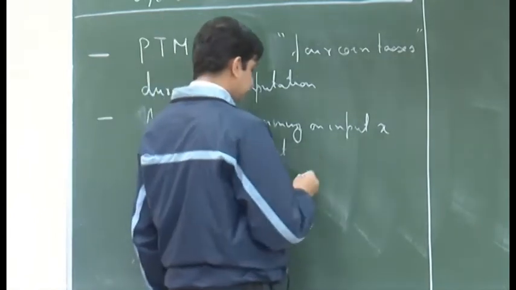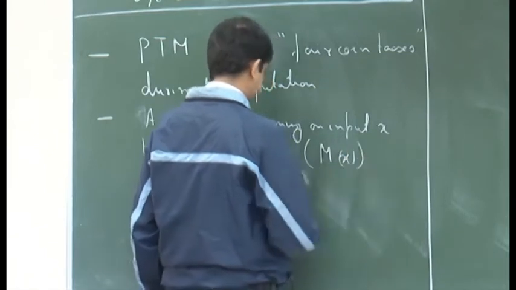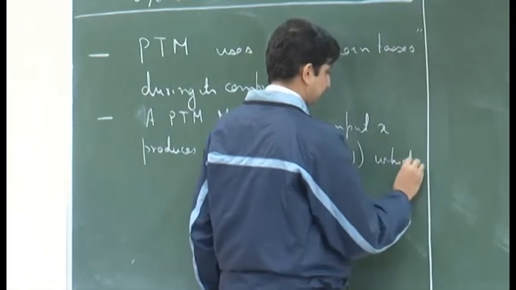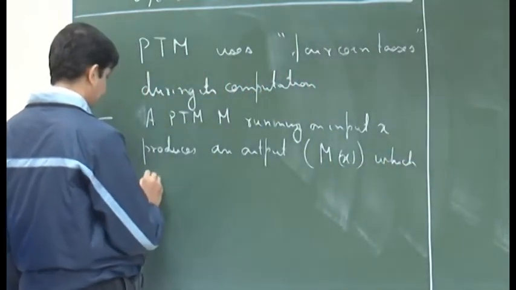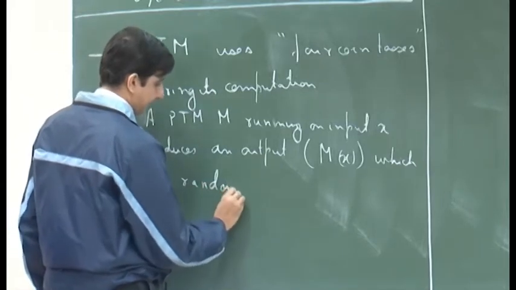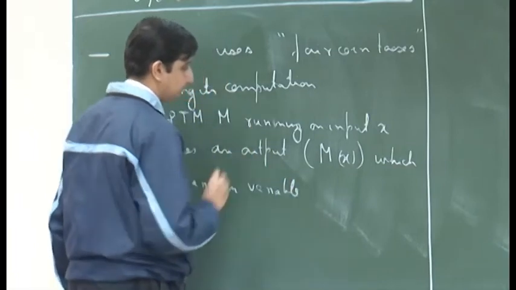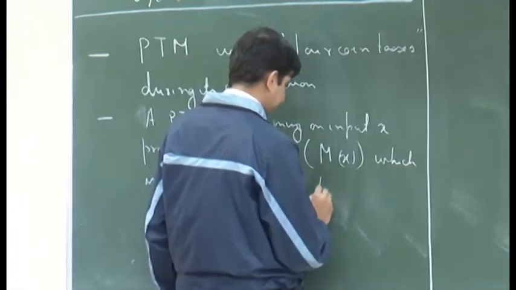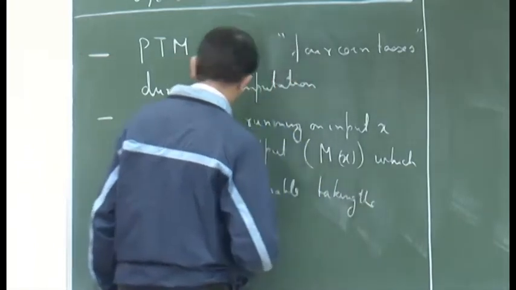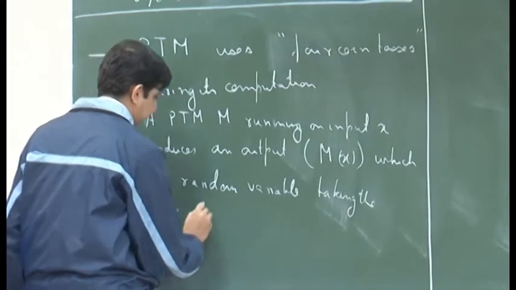We denote that by M of x, which is a random variable taking the value 0 or 1.